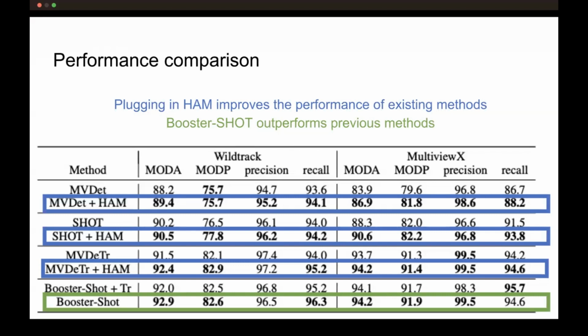Booster Shot is basically applying everything that our previous works did, such as the augmentations, along with our Homography Attention Module, to provide an end-to-end state-of-the-art performance method for multi-view pedestrian detection. You can see here that Booster Shot, which is using the traditional CNN in the latter part of the network, and Booster Shot plus Transformer, using the deformable transformer type architecture, both show the best performance overall.